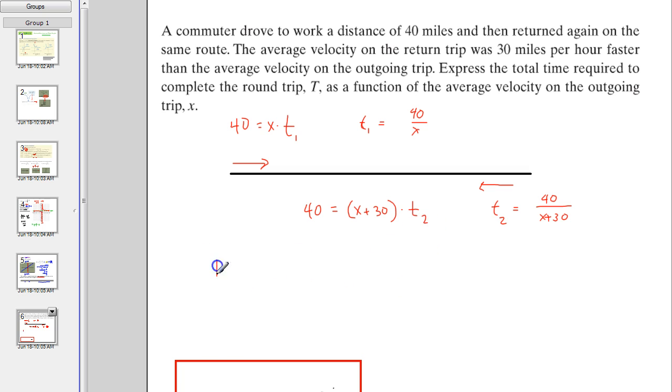Then if I add t1 and t2 together, I get the total time. So t equals t1, 40 over x, plus t2, 40 over x plus 30.